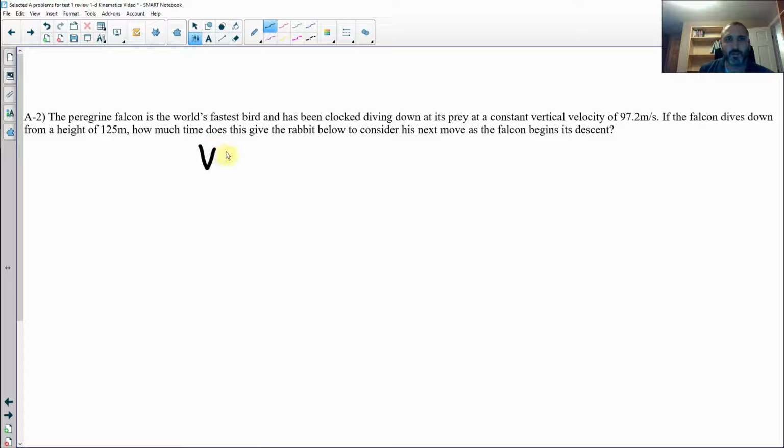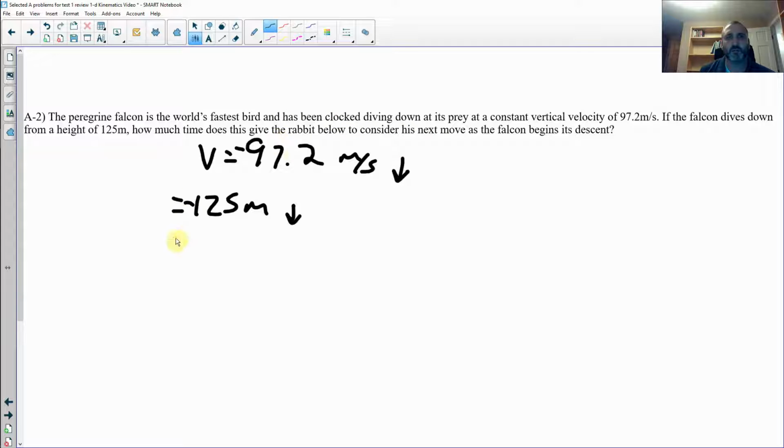We know the velocity is 97.2 meters per second. The falcon dives down from a height of 125 meters. That's the distance it's going, but we actually care about the fact that it's negative 125 meters and negative 97.2, because the falcon is flying and moving downwards.